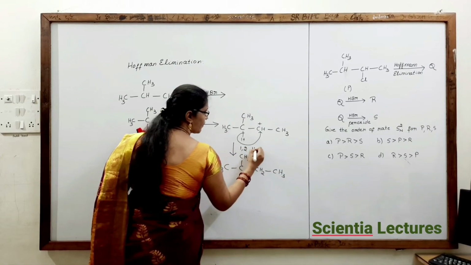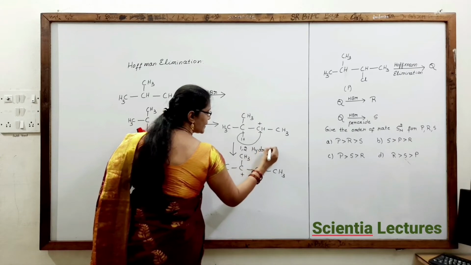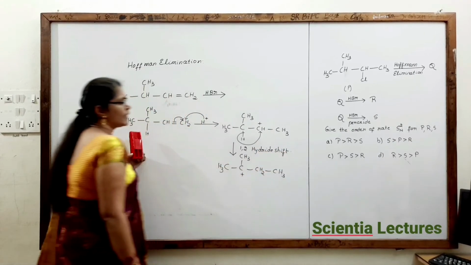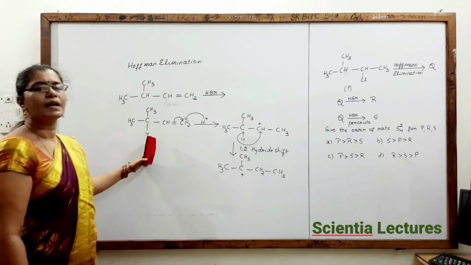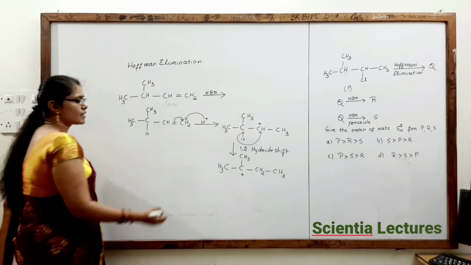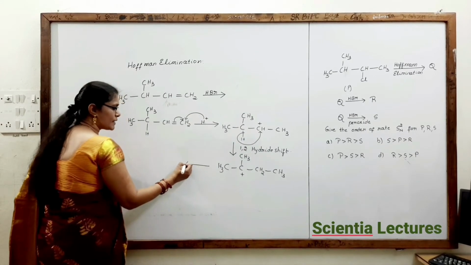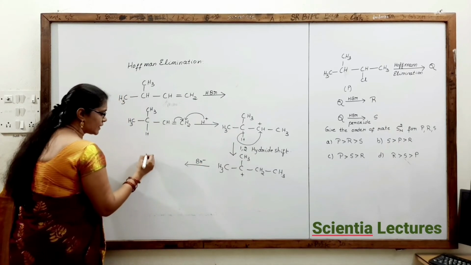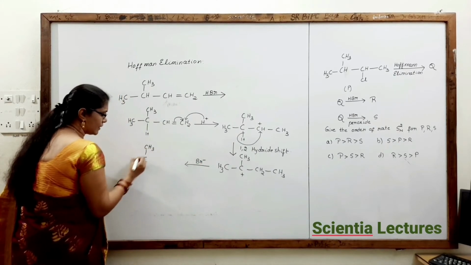So by undergoing 1,2 hydride shift, it has led to the formation of a tertiary carbocation as a reaction intermediate. Of course, this tertiary carbocation combines with Br minus, producing a tertiary alkyl halide.